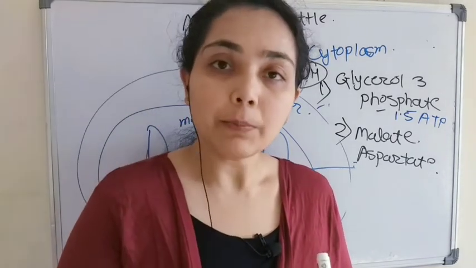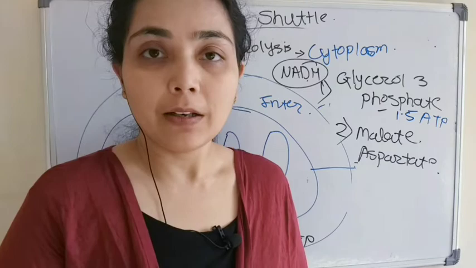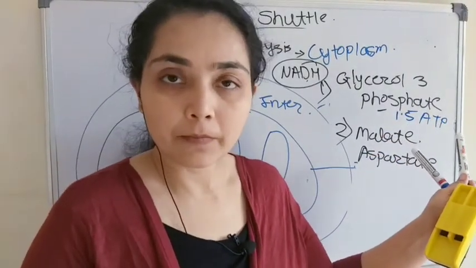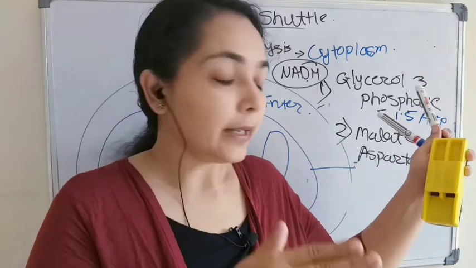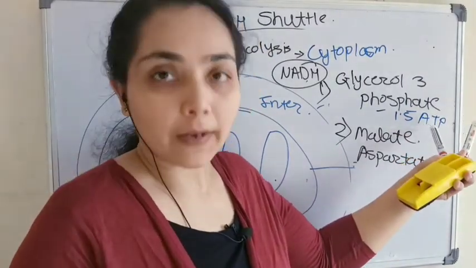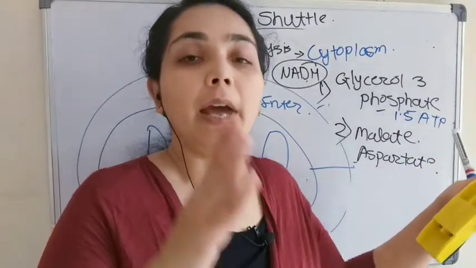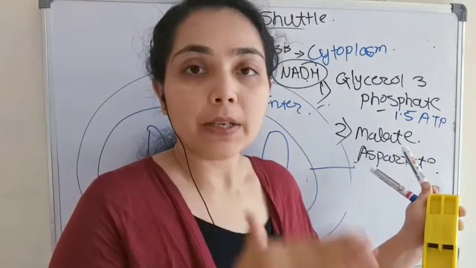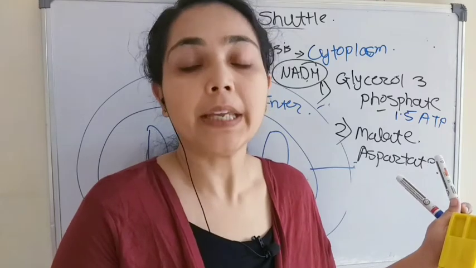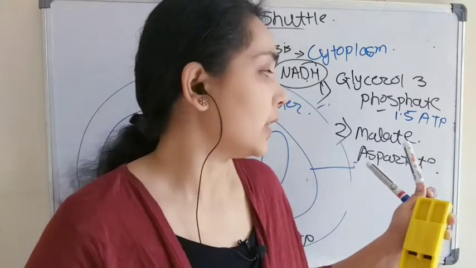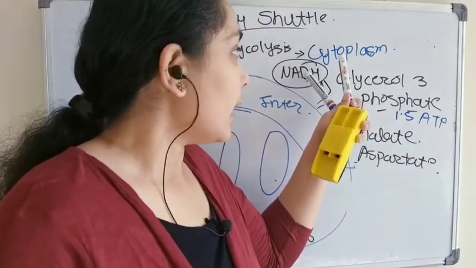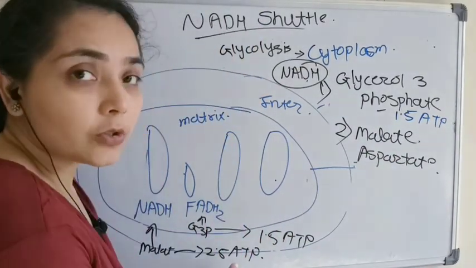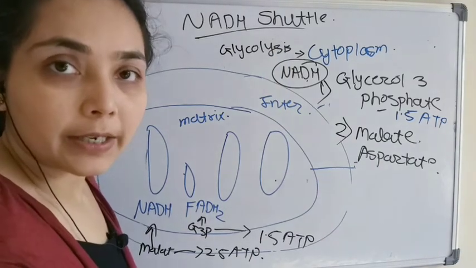For example, in skeletal muscle or the brain, the glycerol 3-phosphate shuttle is there, so in that case we will get 1.5 ATP. And malate aspartate is present in the heart, liver, kidney or most of the tissues, so if NADH takes the malate aspartate shuttle system, it will produce 2.5 ATP from one NADH.